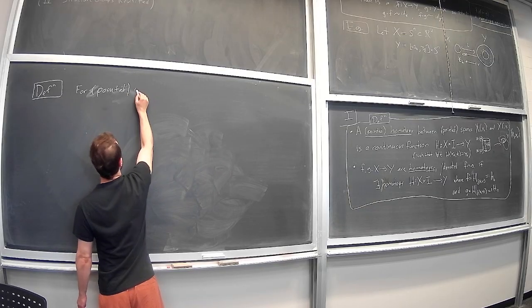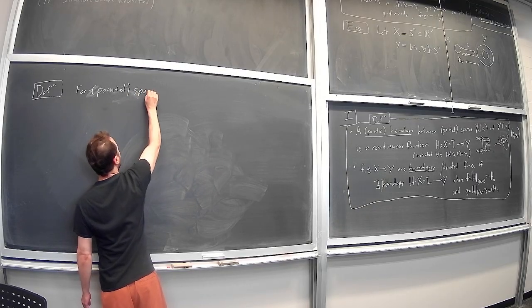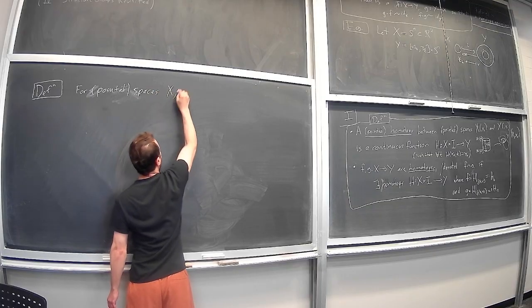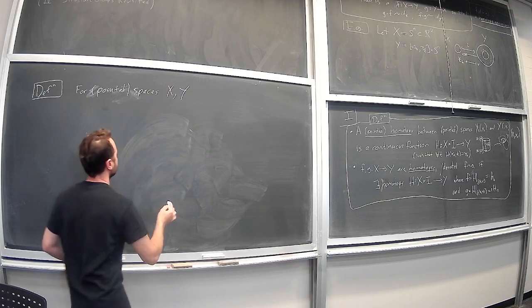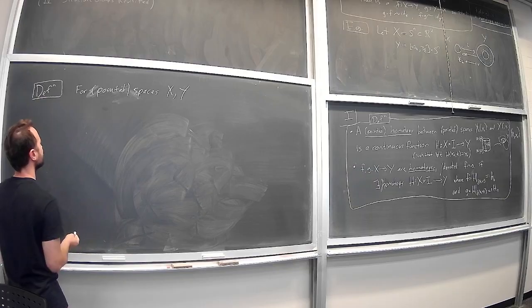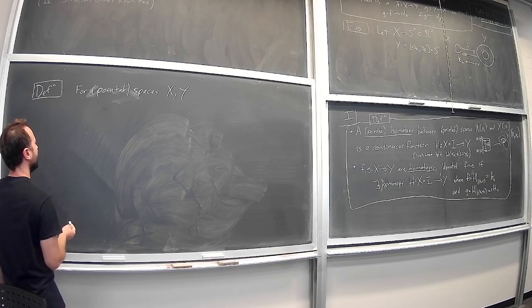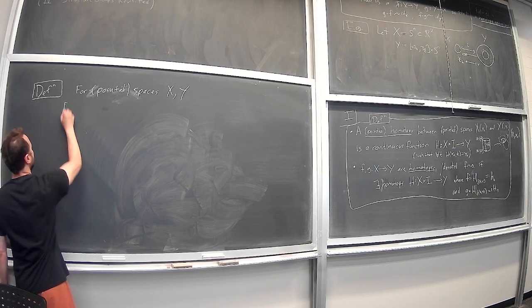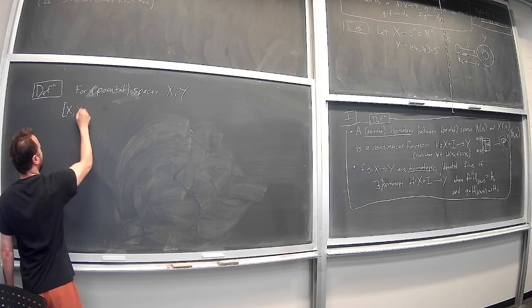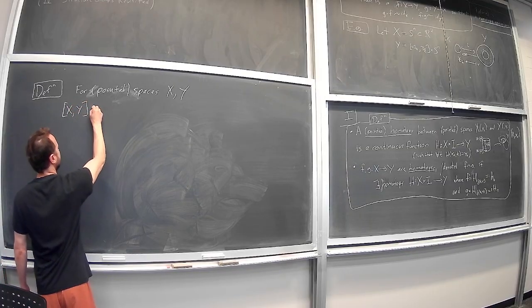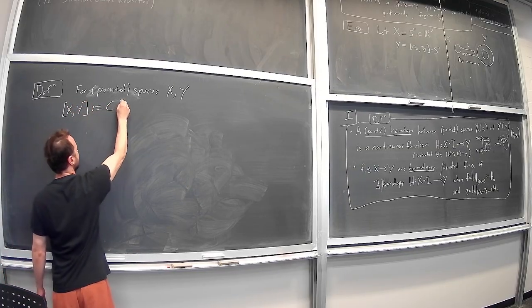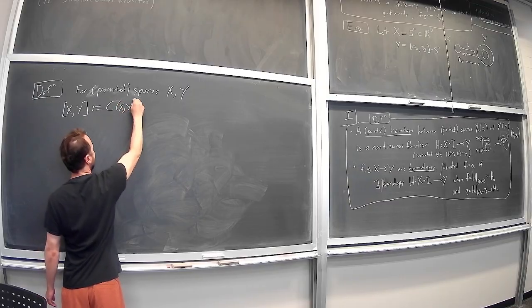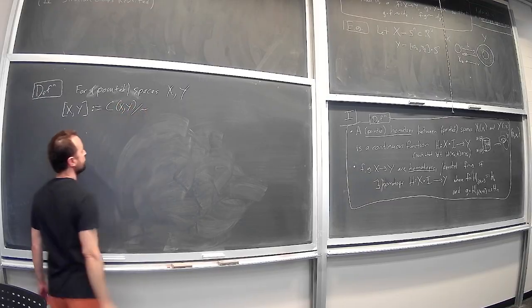So for pointed spaces x, y, with a base point, we denote [x, y] the set of all continuous functions from x to y, modulo the relation of homotopy.